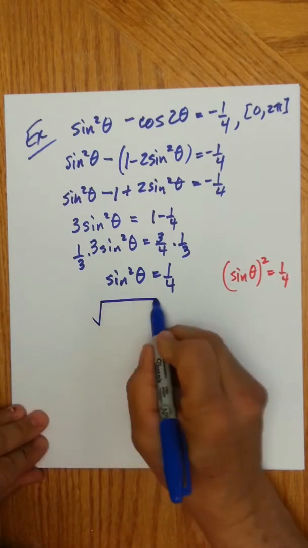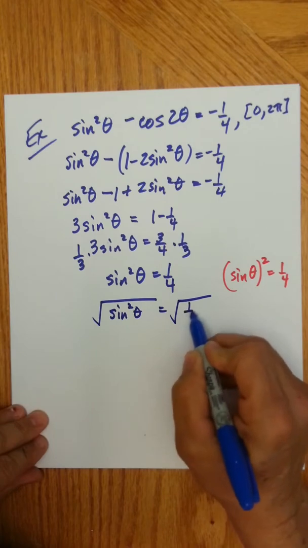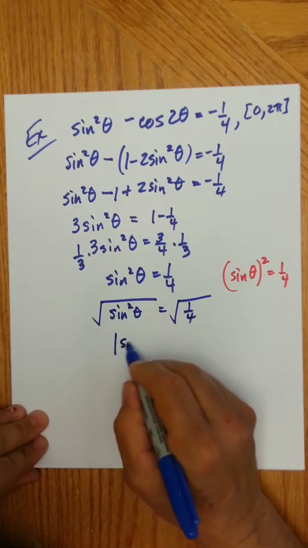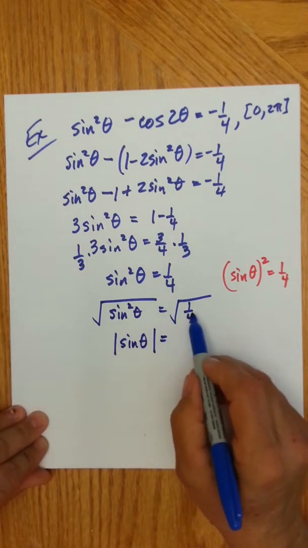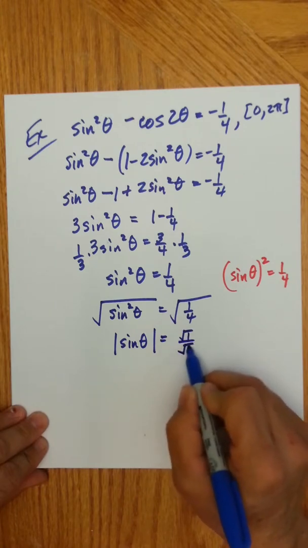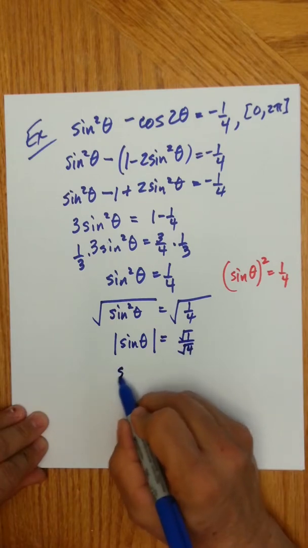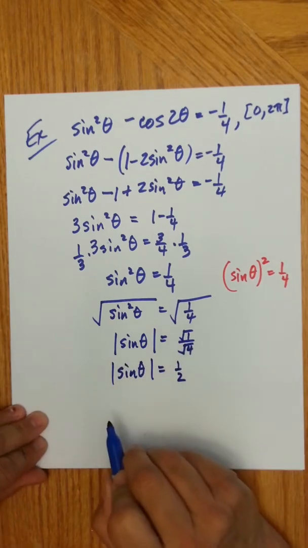When I take the square root of sine squared theta and the square root of 1/4, the square root of something squared is the absolute value of that thing. So here we go, the absolute value of sine theta. And technically this is the square root of 1 over the square root of 4, so that's really going to be 1/2. So the absolute value of sine theta is equal to 1/2.